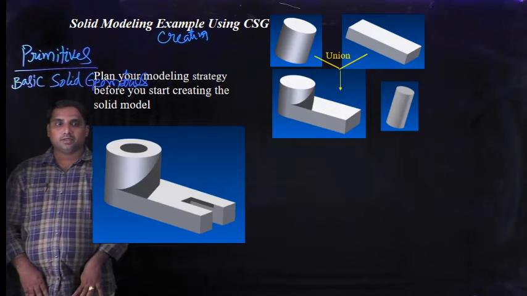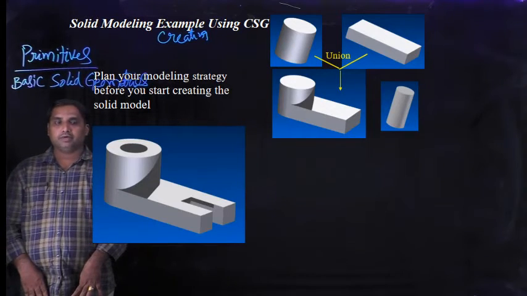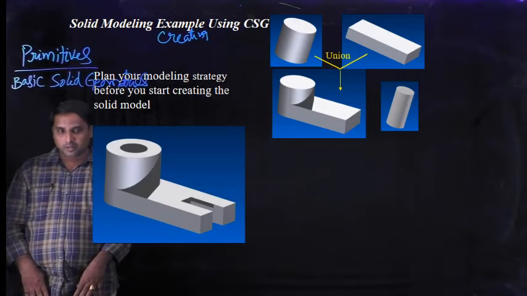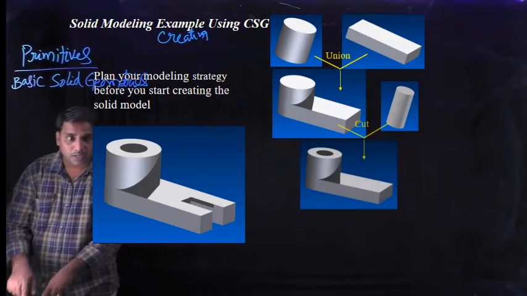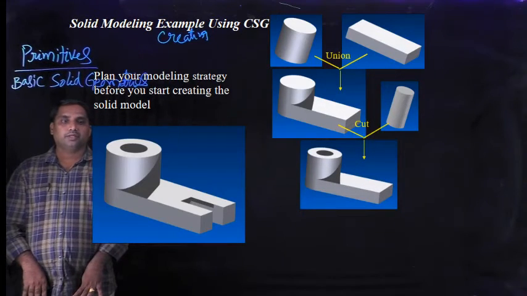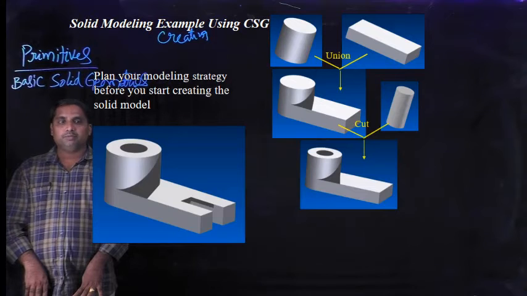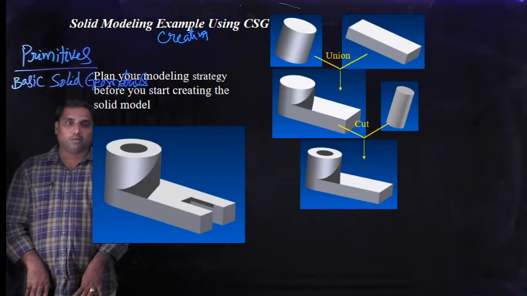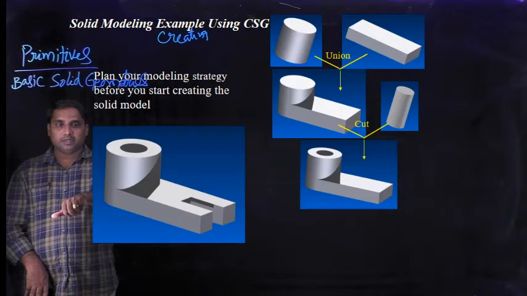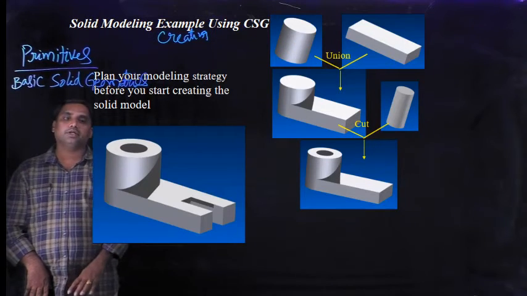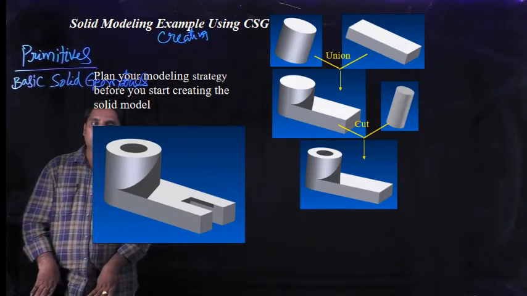First, A union B is done. That means he placed the cylinder over the rectangular block. Next, A union B minus another component, that may be C. From the cylinder, to get a hollow cylinder from a solid cylinder, he did the minus operation.